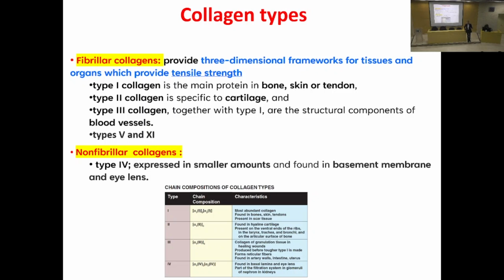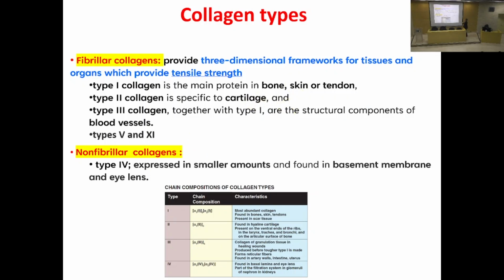Not all collagen is present everywhere. There is specific collagen present in a specific organ. Is it clear? So we need to memorize where type 1 is found, where type 2 is found, where type 3 is found.